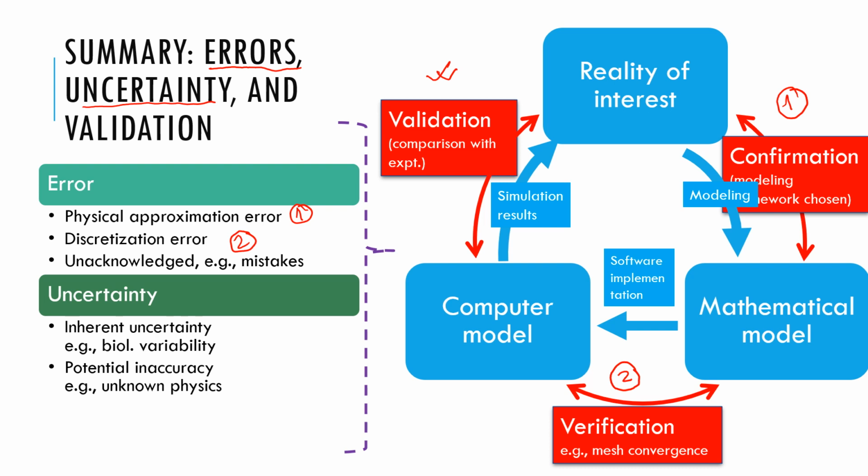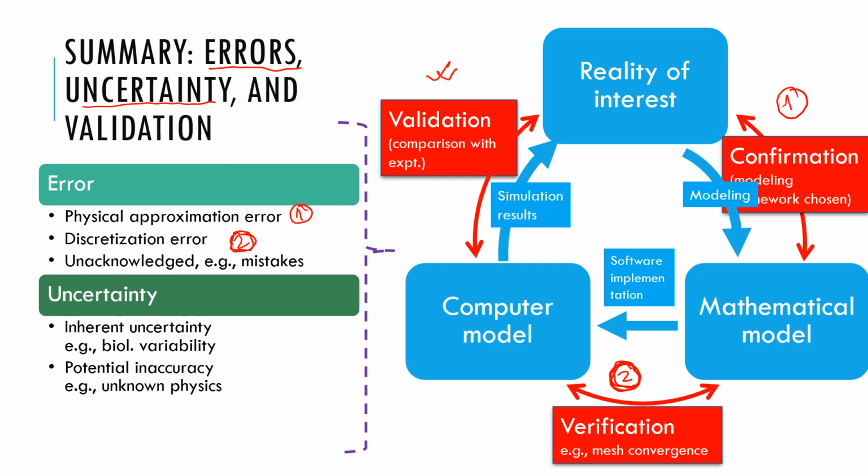Reducing individual errors, like the discretization error here, is definitely critically needed, but that reduction process is more of a verification process and not validation. If we reduce the discretization error to zero, we still have not validated our model.